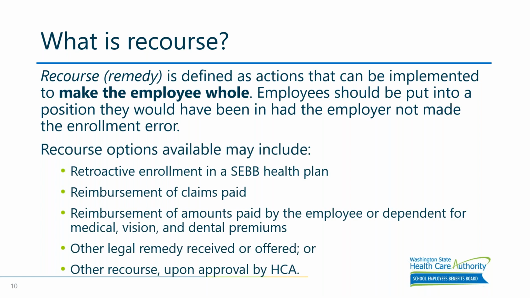So these are the recourse options that are available, and they may include retroactive enrollment into a SEBB health plan, reimbursement of claims already paid by the employee, or reimbursement of amounts paid by the employee or the dependent for medical, dental, vision, premiums, or other legal remedy received or offered, and then other recourse as long as that's approved by the Health Care Authority.